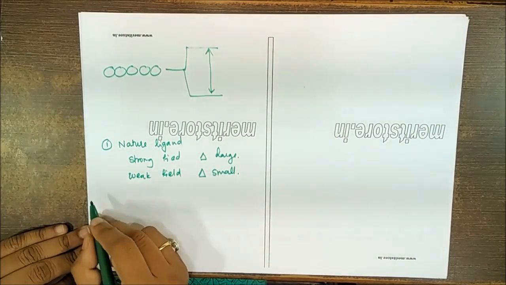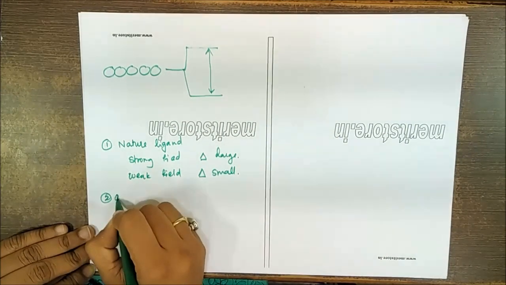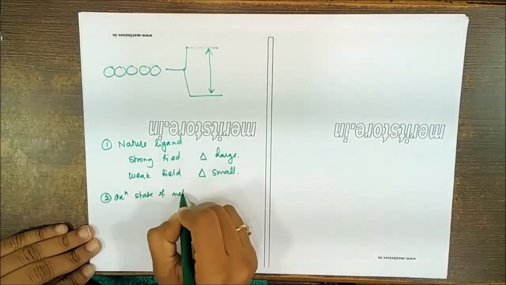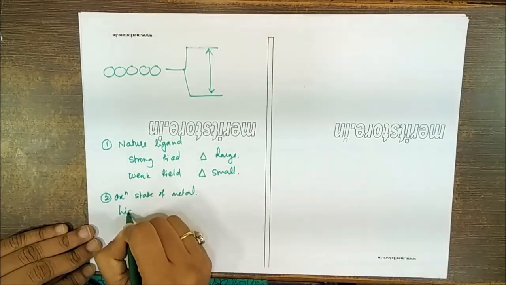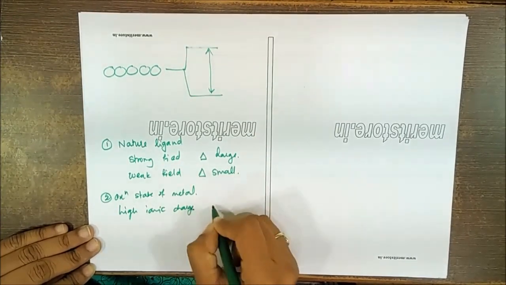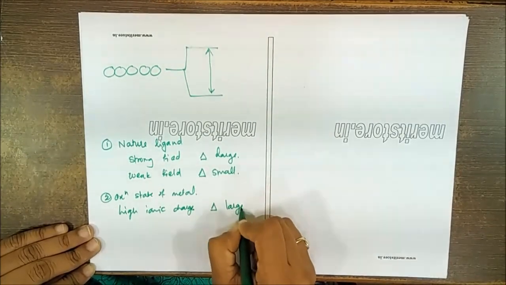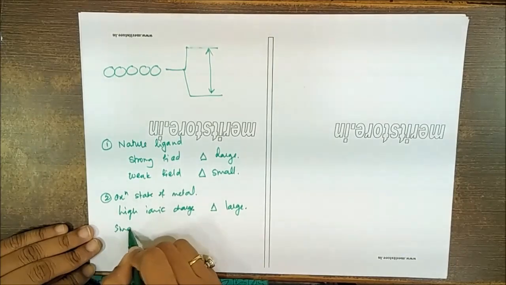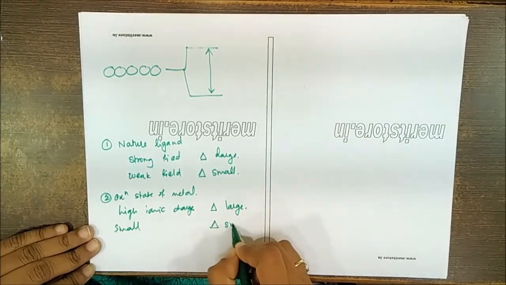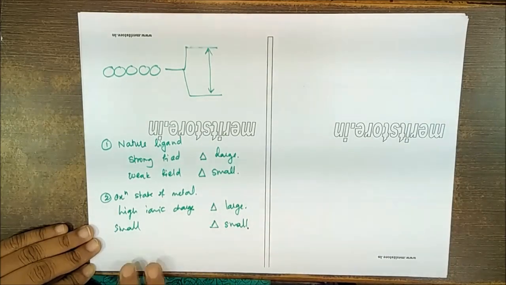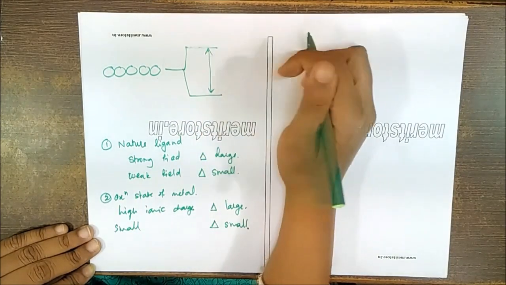It is also decided by the oxidation state of that metal ion. In general, the higher the ionic charge on the central metal ion, the larger is the value of the splitting, and if that is small, then this delta will also be small. So these are the factors which affect the splitting pattern.